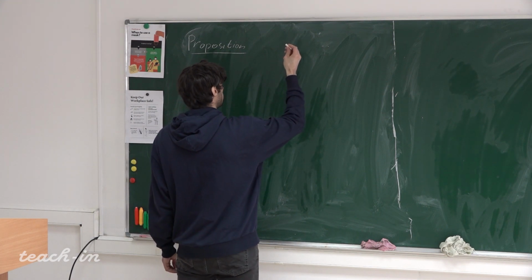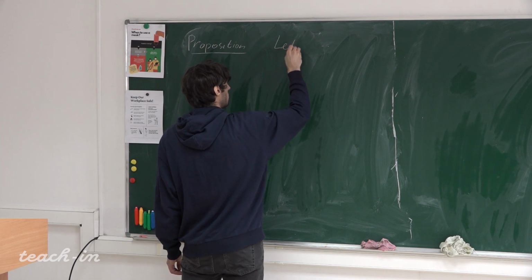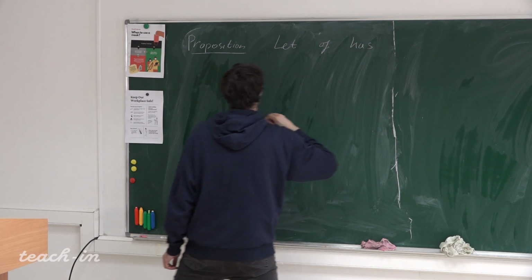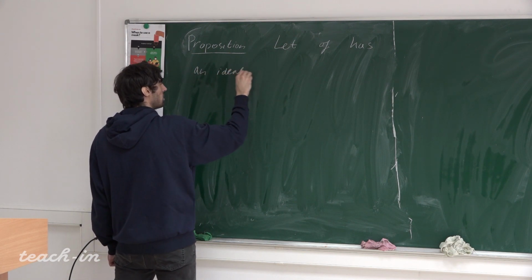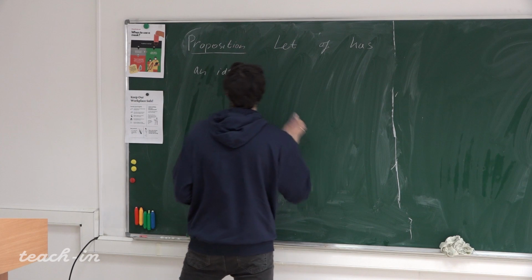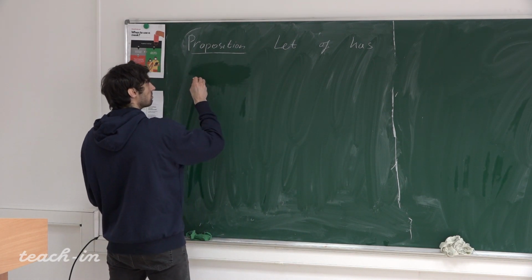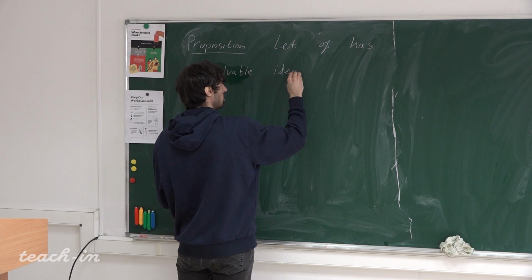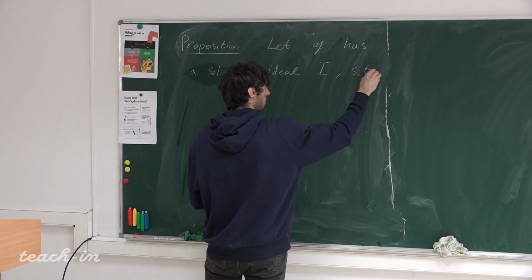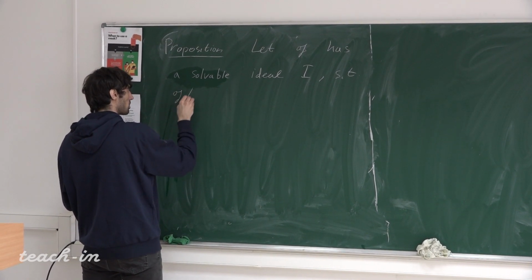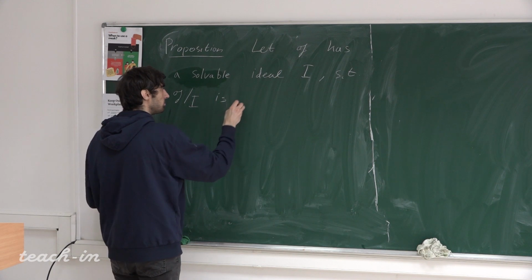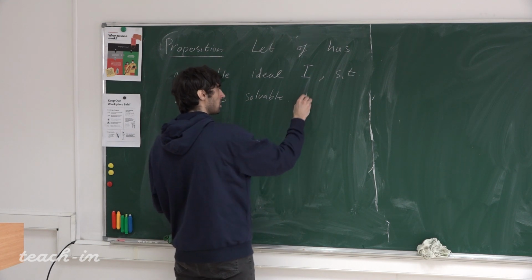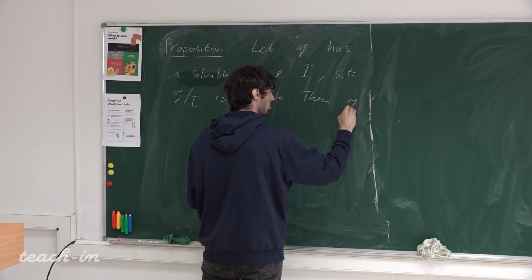Suppose G has an ideal, actually a solvable ideal I, such that G quotient by I is solvable, then G is solvable.